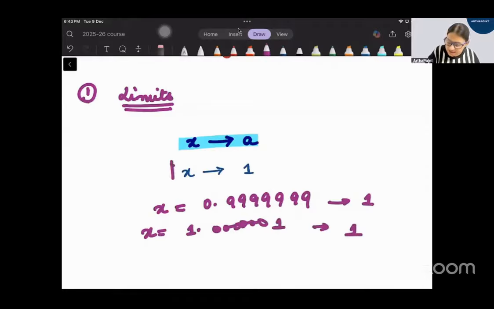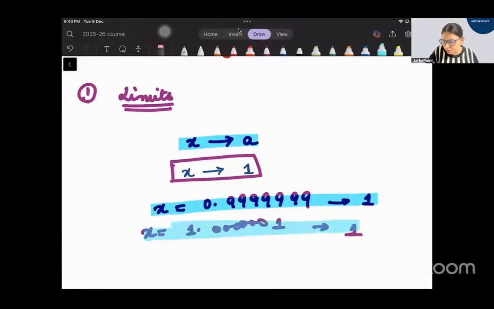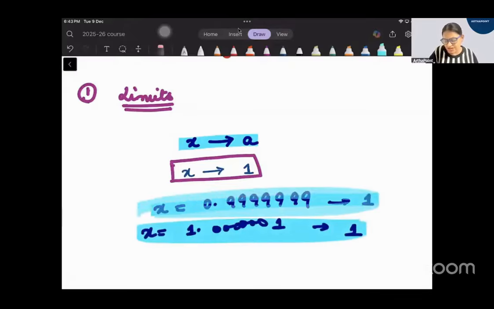So when I say x approaches 1, it does not mean x is equal to 1. What I mean here is that we are going towards 1 from both right and left hand side.